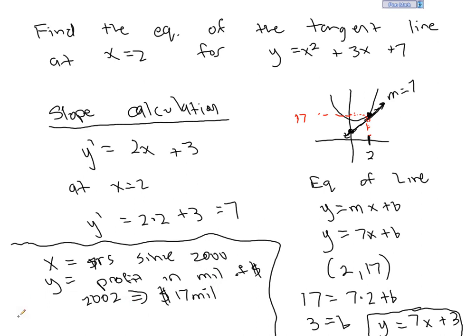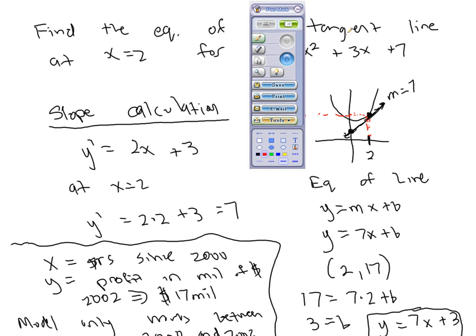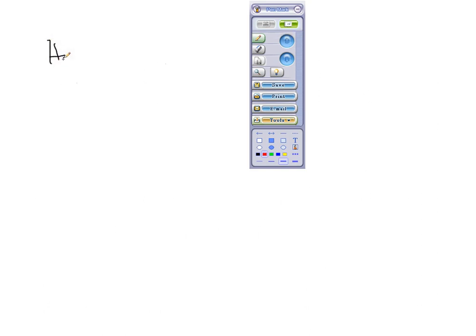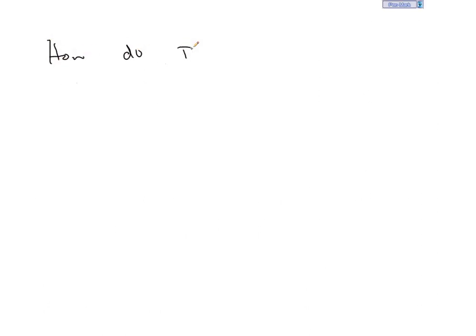Well, now let's just say that this model only works between 2000 and 2002. So the question is, how do I predict 2003 profit?